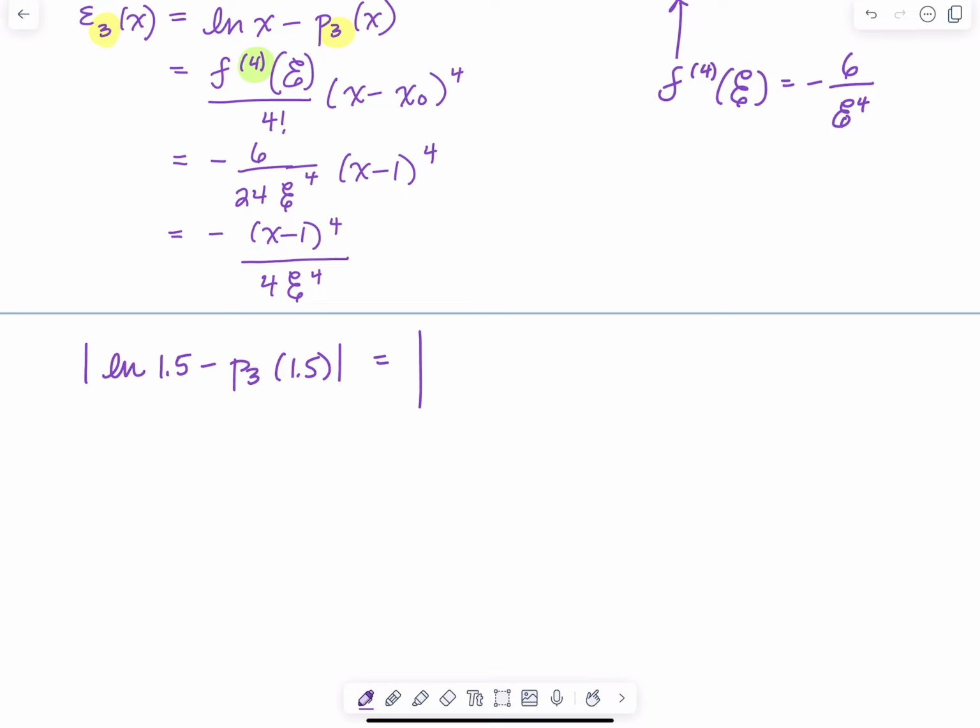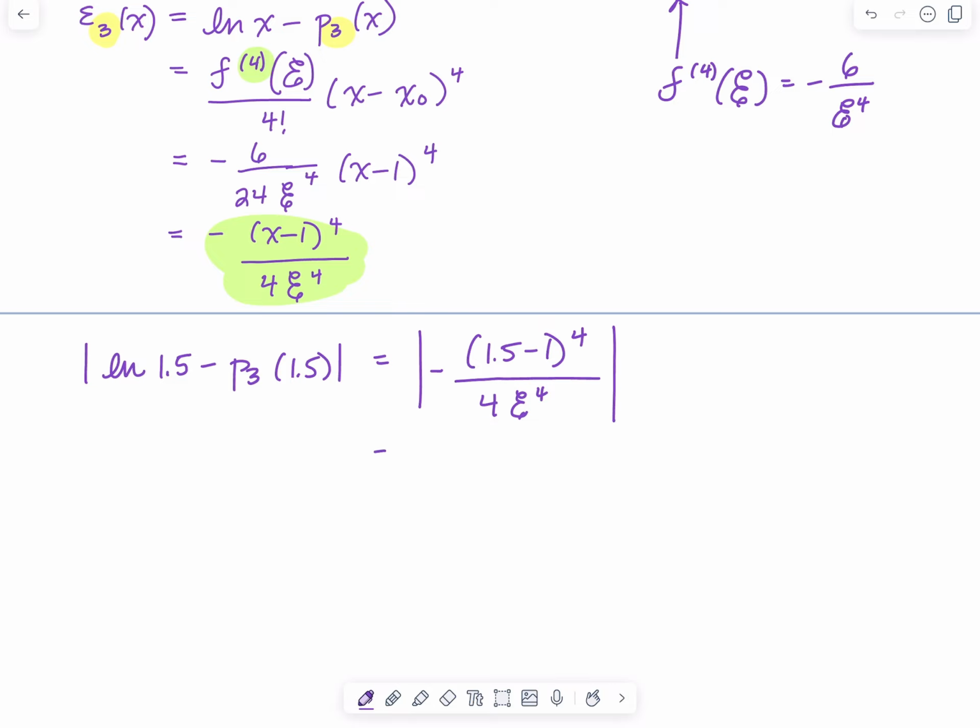We're going to use this right here, the absolute value of the opposite of 1.5 minus 1 to the fourth power, all divided by 4 xi to the fourth power.